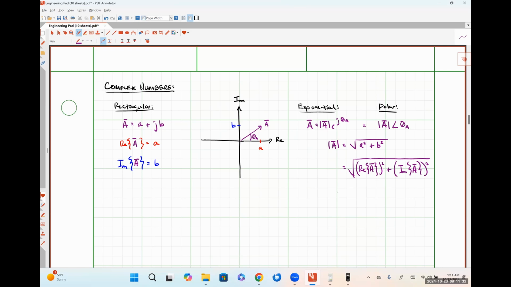Our angle theta A can be determined in a couple of different ways, but the one that I personally prefer is the inverse tangent or the arctangent of the imaginary part over the real part.